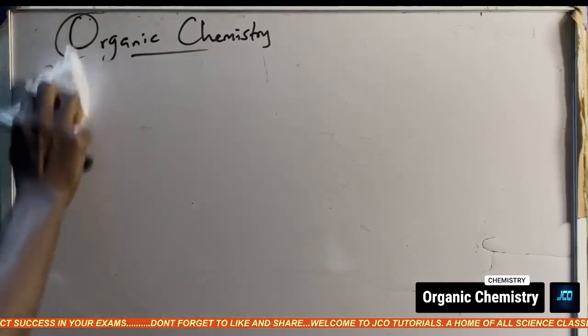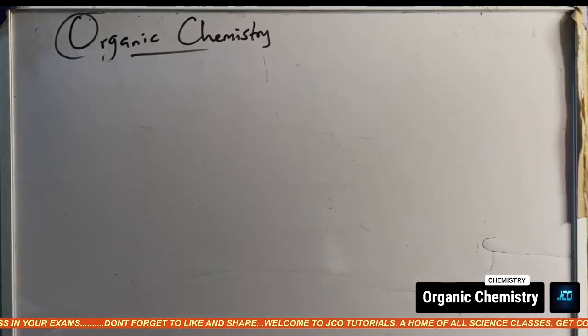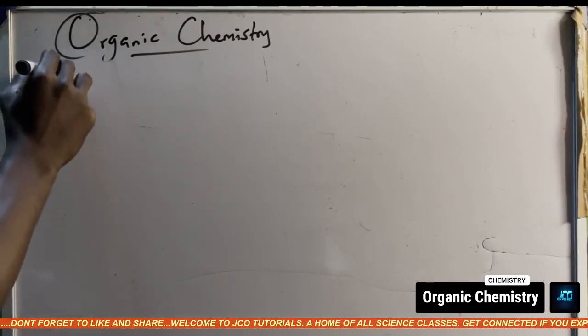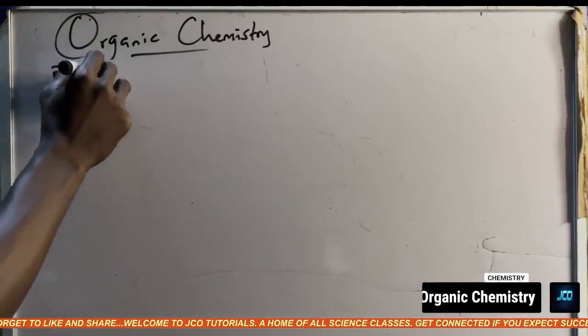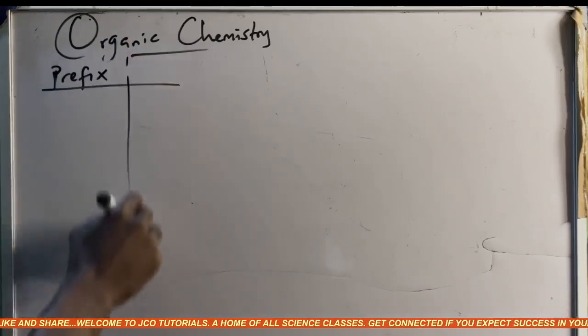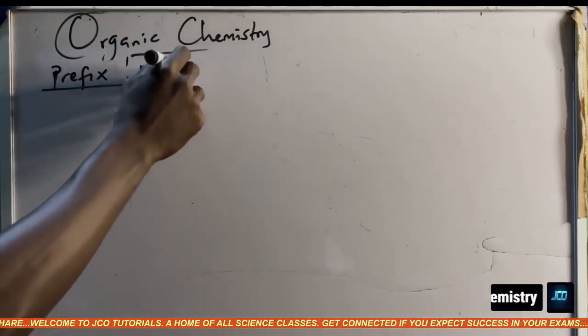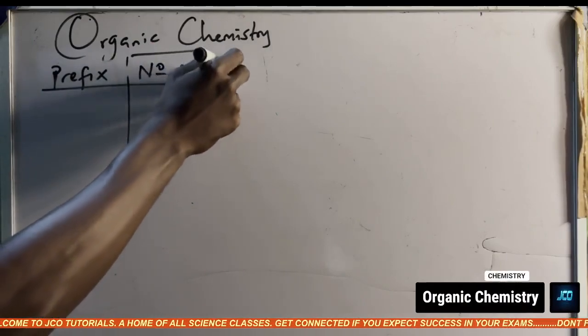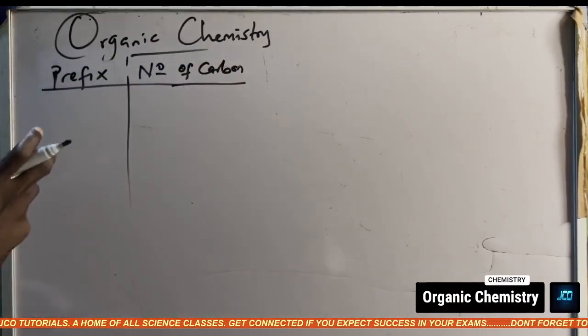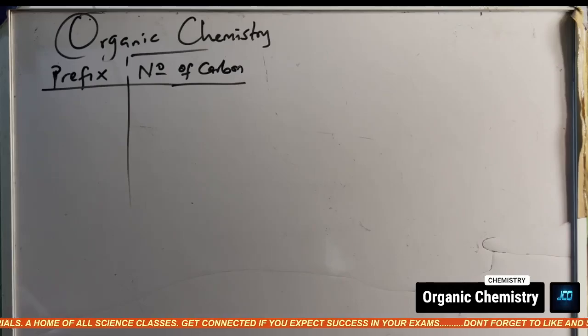But first of all, we're going to start with understanding the prefix in organic chemistry. What do we mean by the prefix? It means the number of carbon. When I have 5 carbon, what should I write as the implication of 5 carbon?